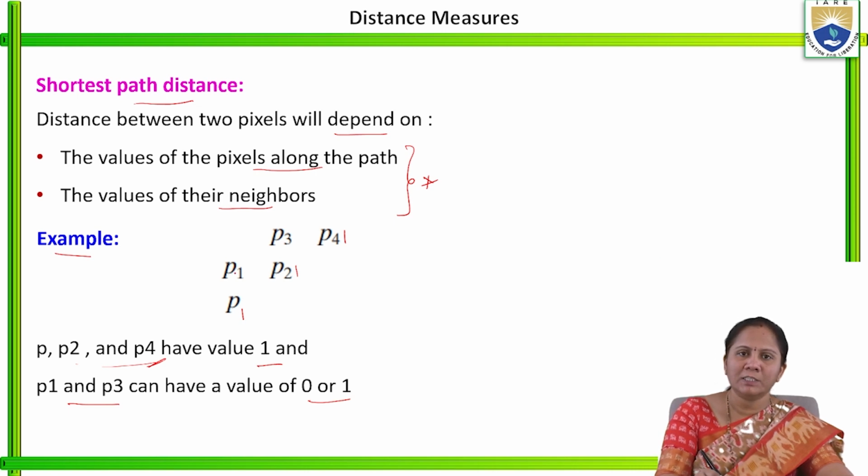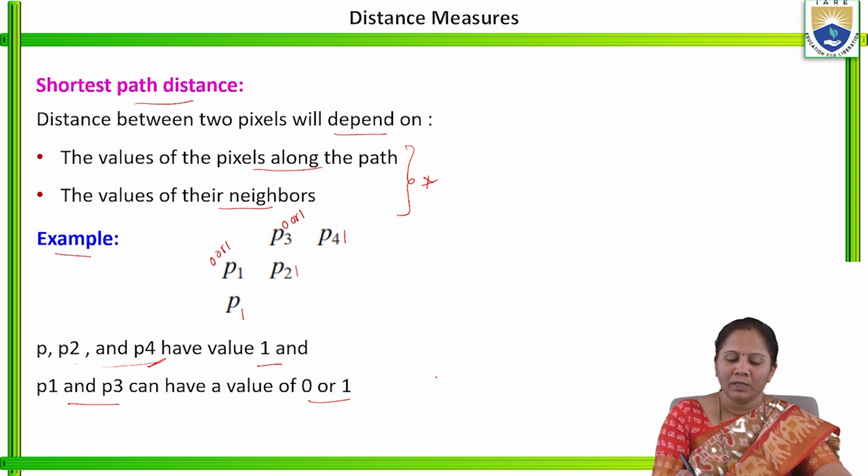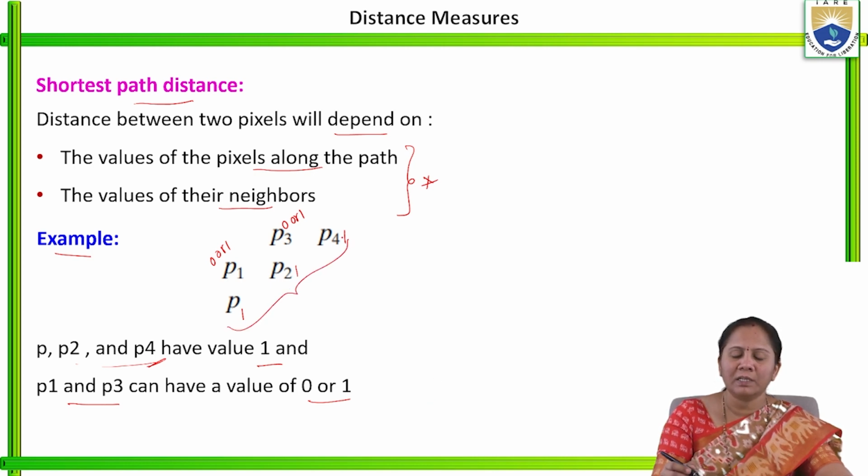That means here this is P1, this pixel value can be 0 or 1. And this is P3, its pixel value can be 0 or 1. So anyway, these 3 pixel values are fixed and these 2 pixel values vary, 0 or 1.